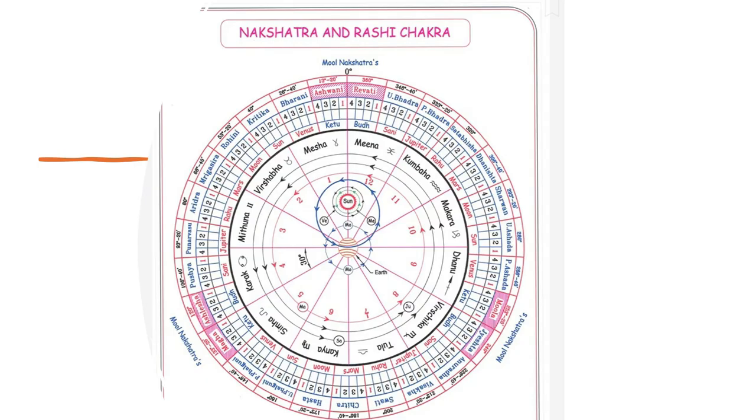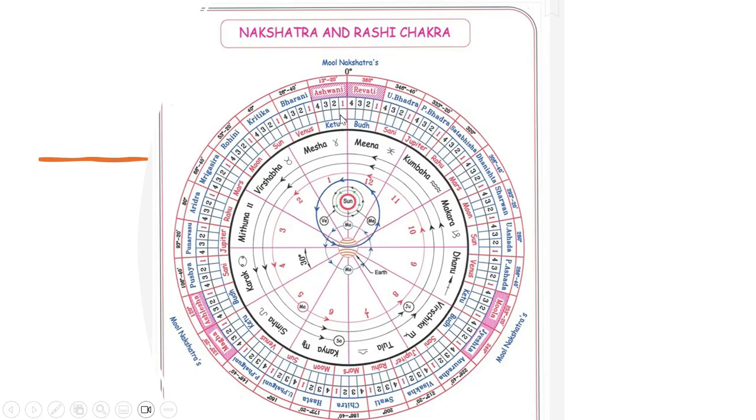So for total 108 padas, you are moving 108 beads of the mala. Okay, so this is another reason. I've read it in many places. I don't know if it is true or not, but yes, it is written in many places that because of the total 108 nakshatra padas, we have 108 beads in the japa mala.